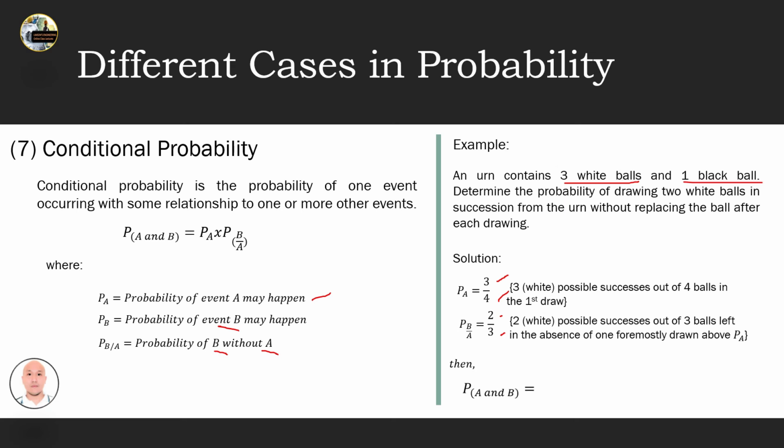Then P(A and B) is equal to 3/4 times 2/3, so you have to multiply. Our final answer is 1/2.